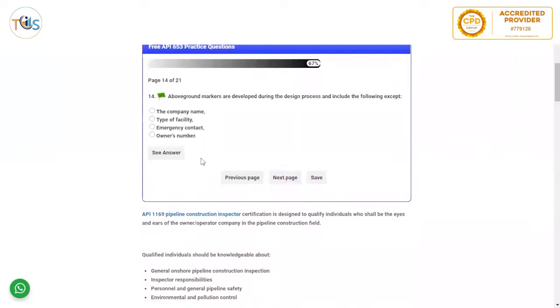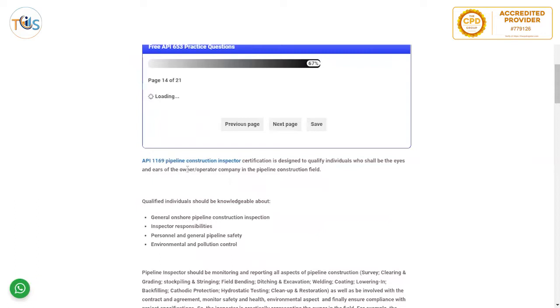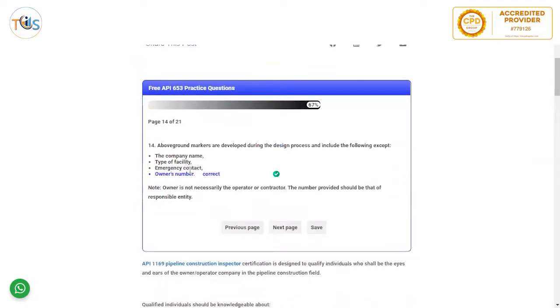Above ground markers are developed during the design process and include the following, except: the company name, type of facility, emergency contact, owner's number. This is a bit tricky question because we really are looking for operator's number. So the owner maybe is the owner operator, but we need to know the company name and what type of facility it is.